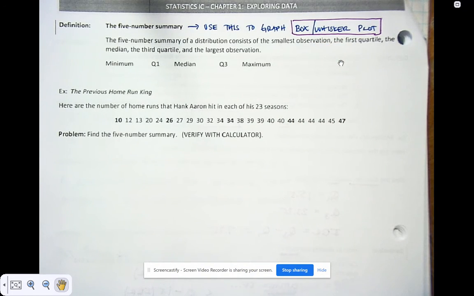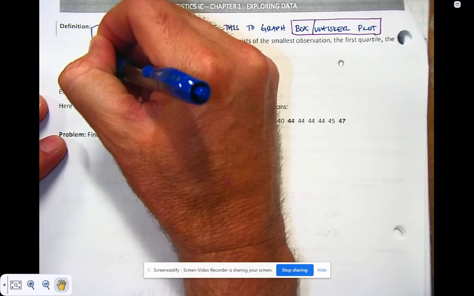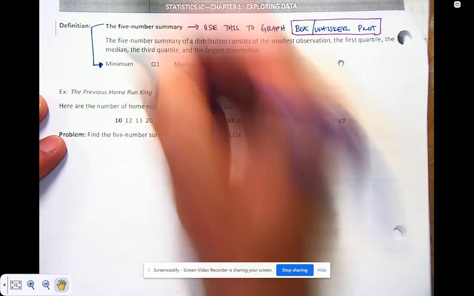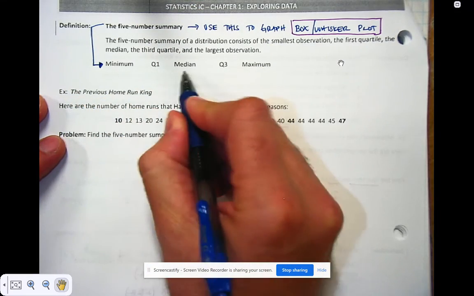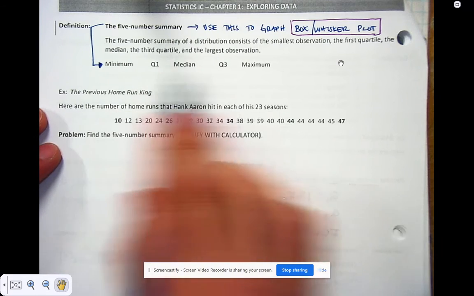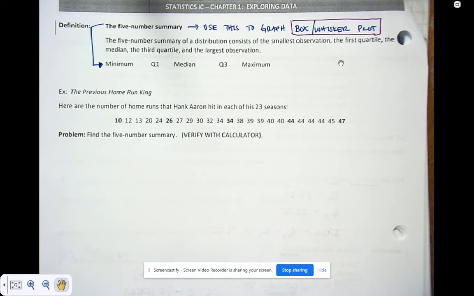This 5-number summary is really easy because, again, we're going to use the online calculator. We need minimum, quartile 1, median, quartile 3, max. All of those are given to us from our 5-number summary.